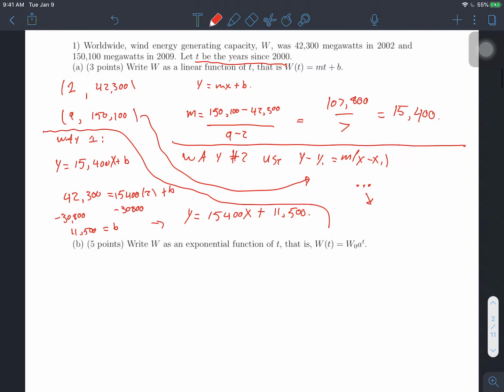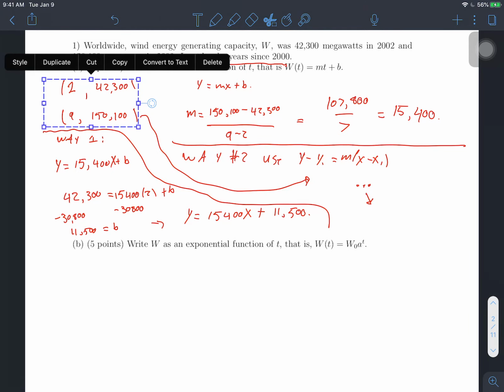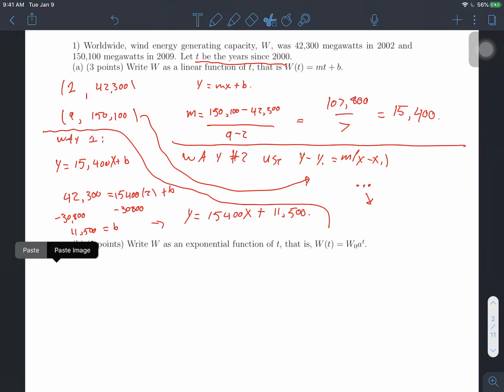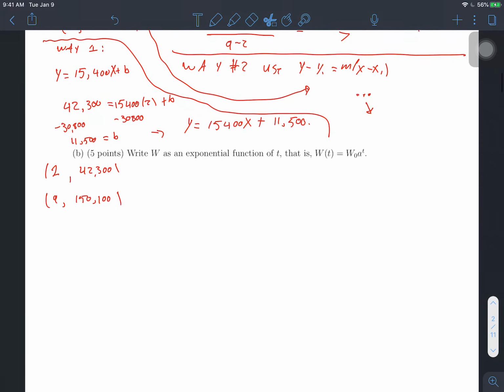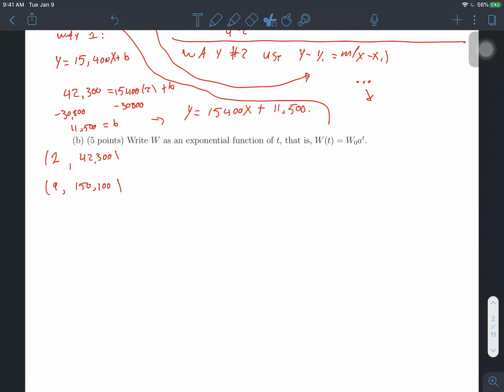Let's decide how we're going to do an exponential function. Well, if W is an exponential function of T, then W of T is equal to W naught a to the power T, and these 2 points are still on our graph. So these 2 points are still on our function here.